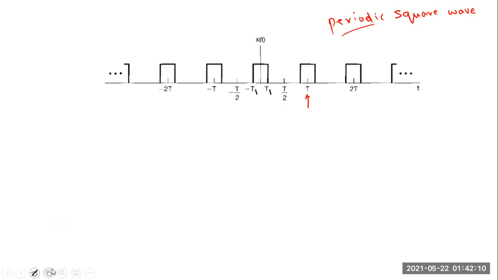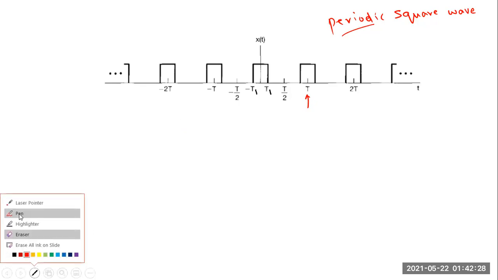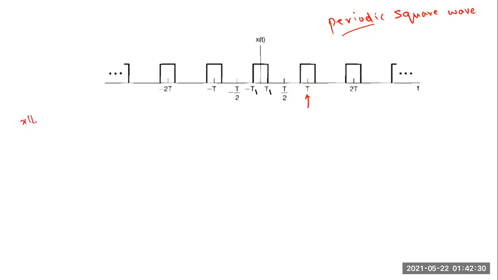Now, if I want to represent this signal in its Fourier series representation, I need to find its Fourier coefficients. So x of t according to Fourier must be represented by this form.